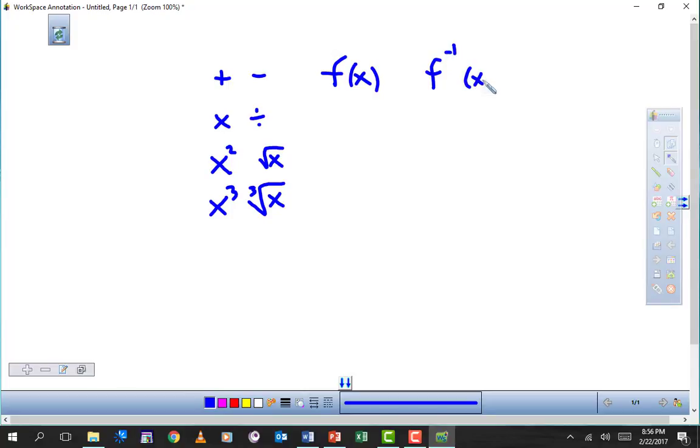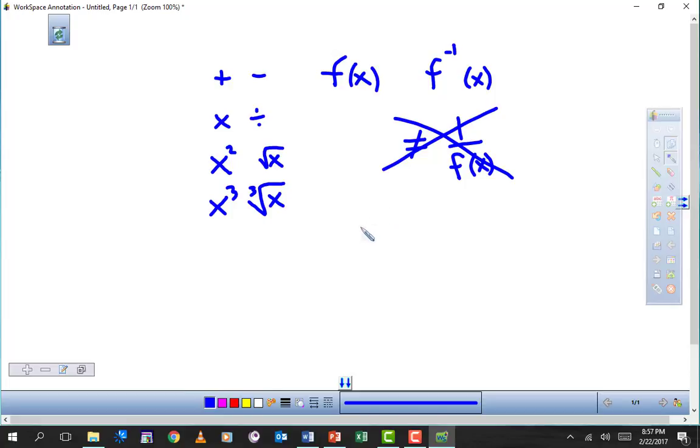This notation can be a little bit confusing, because it's not an exponent in this case. So this does not equal, for example, 1 over f of x. That would be false. So just be aware that this is not an exponent. It's simply the notation we use for the inverse function of f.